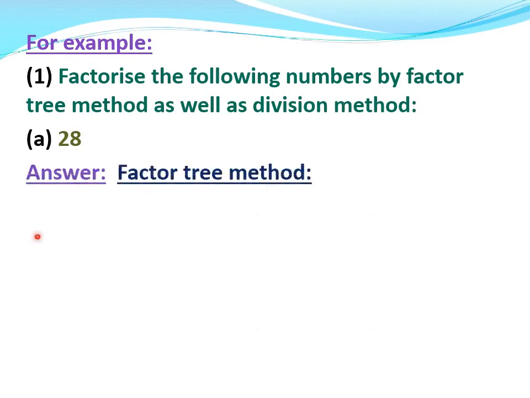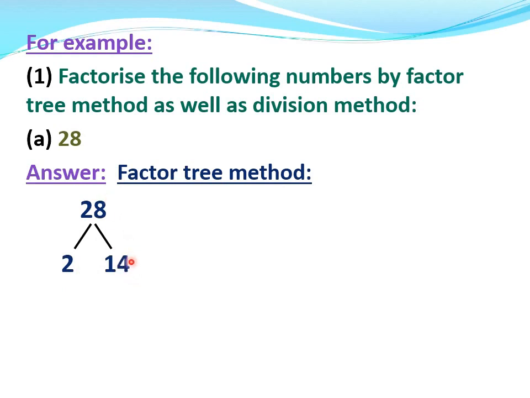Answer: first, factorize 28 by factor tree method. Write 28 here. Now divide 28 by 2 to check whether 28 is divisible by 2 or not. Yes, 28 is divisible by 2. Make lines like this. Write 2 here and 14 here. 2 multiply 14 equals 28.